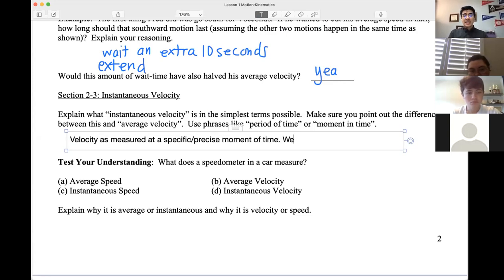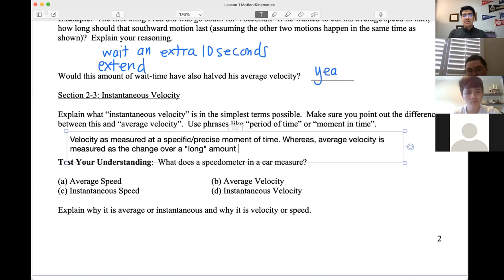Whereas what is average velocity then? The change over a long, we can say long in quotations, period, over two points in time. We have to calculate two points in time to figure out the average velocity.